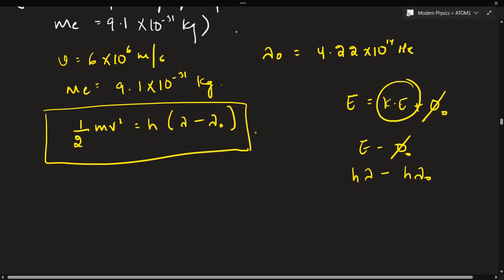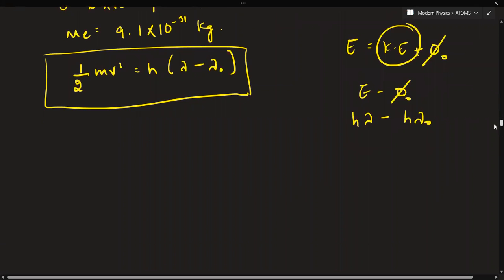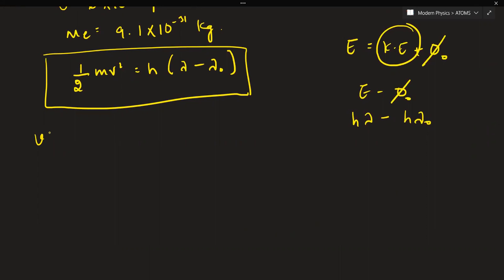Whenever velocity is given, remember Einstein's equation. Now we have to find out the frequency of the radiation.